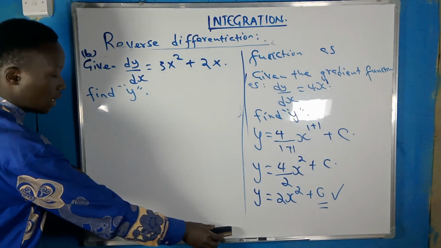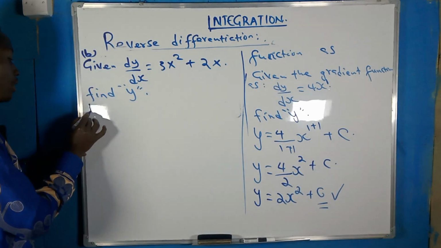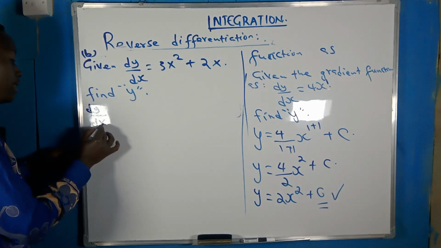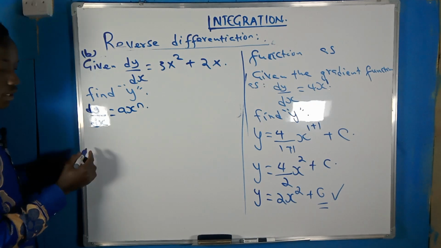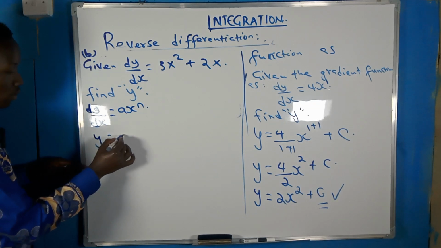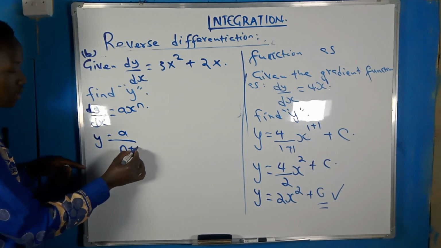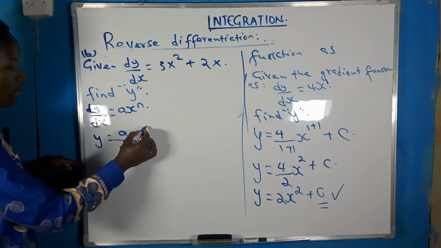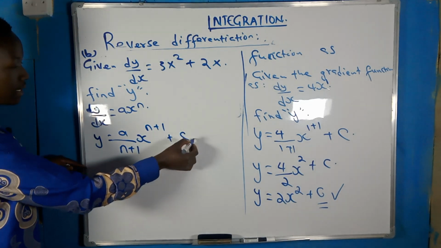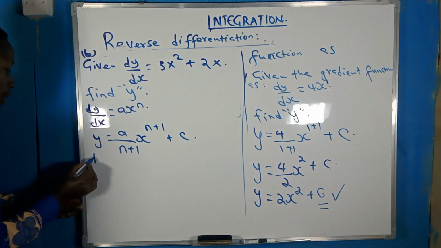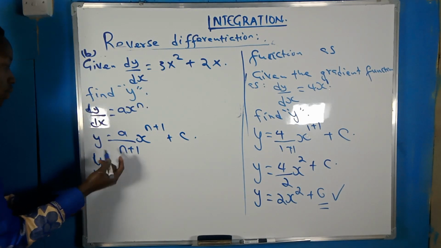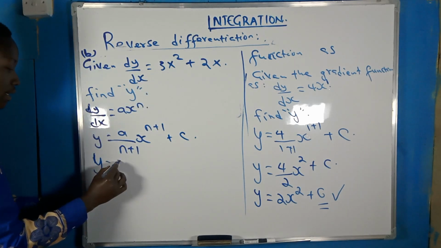Our general formula is dy over dx is equal to ax to power n. Once we integrate, we get y is equal to a over n plus 1 x to power n plus 1 plus c.